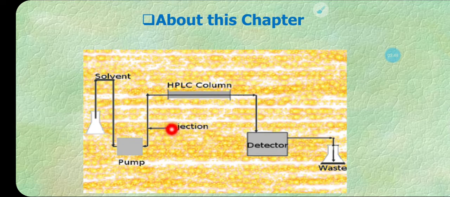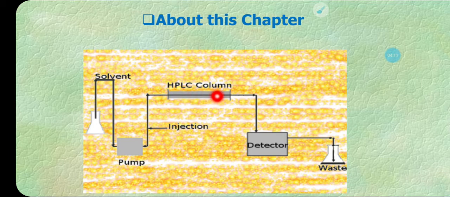Here we inject the sample along with this mobile phase. Along with the sample, the mobile phase enters into the HPLC column, that means stationary phase. Here actual separation takes place between the stationary phase and mobile phase.